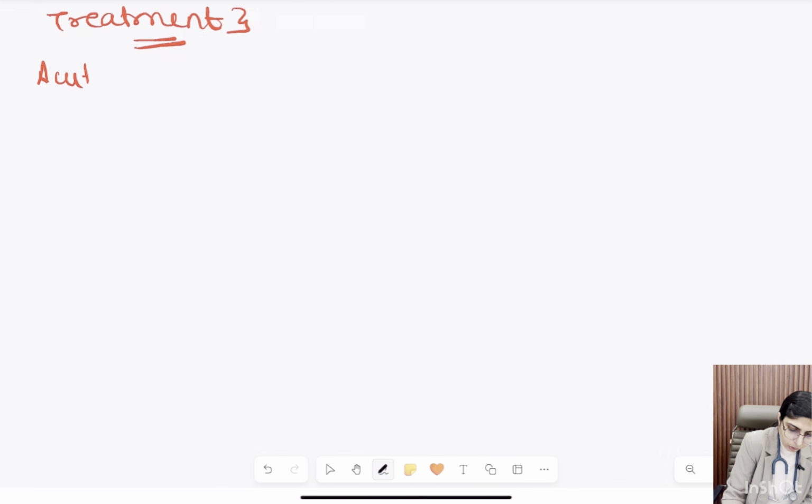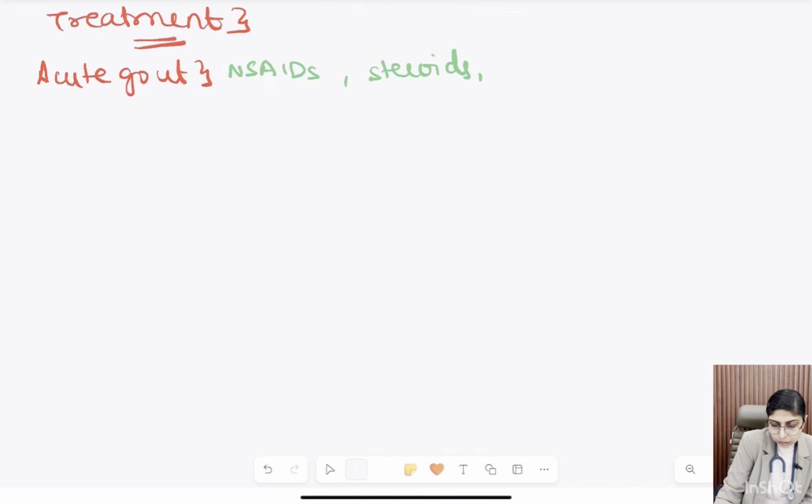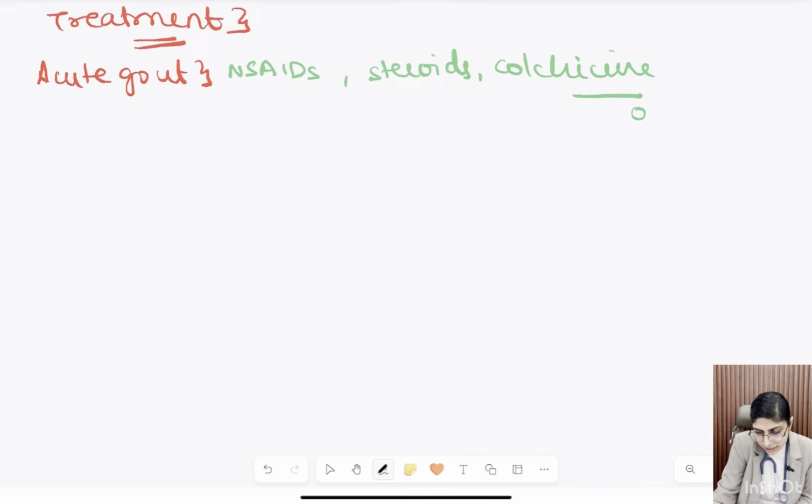Right, bachas? So if it is an acute gout, of course, NSAIDs, steroids, and colchicine are the option. Now, colchicine dose is 0.6 milligram TDS.